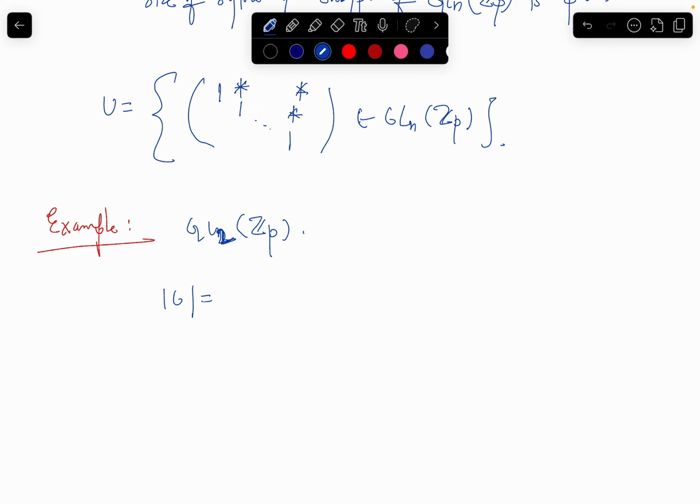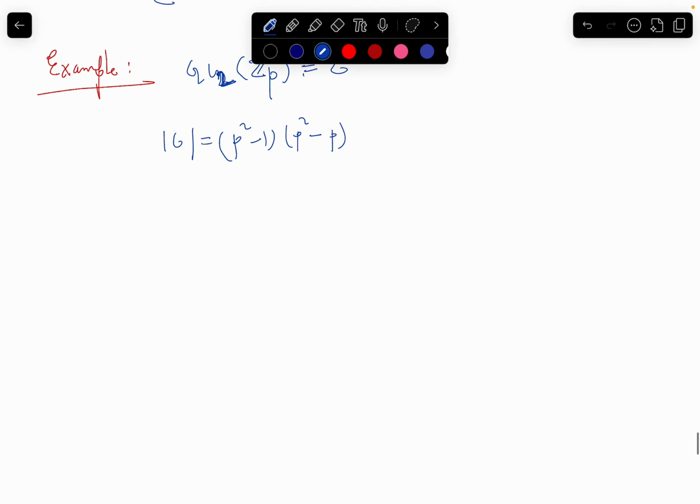The size is (p squared minus 1)(p squared minus p). You can do some calculations and see that this is (p minus 1) squared times (p plus 1) times p.